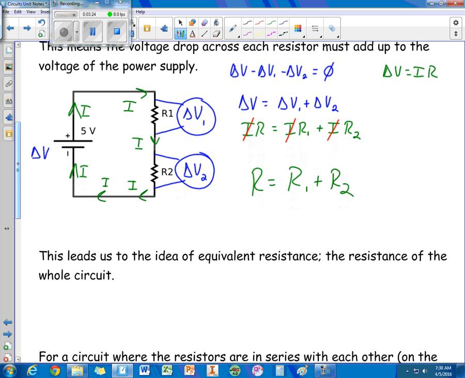Okay, well, this kind of leads us to the idea of equivalent resistance. This is the resistance of the whole circuit. So these resistors up here, we say that these resistors are in series. And what series means is one after another or on the same line.